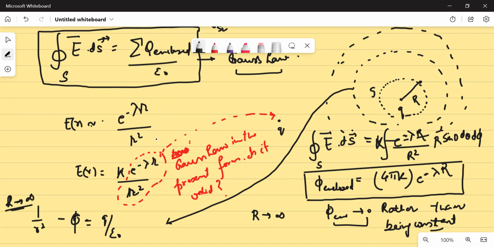here you would find that if I try to find my flux, it happens to be a radius-dependent flux. It implies what?